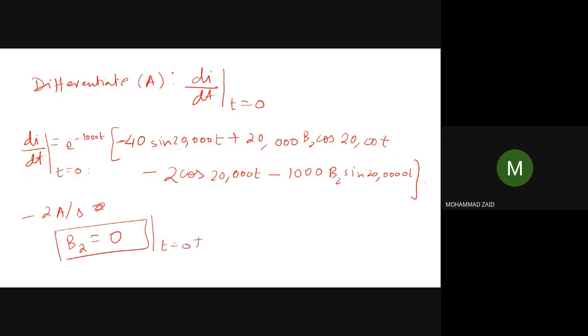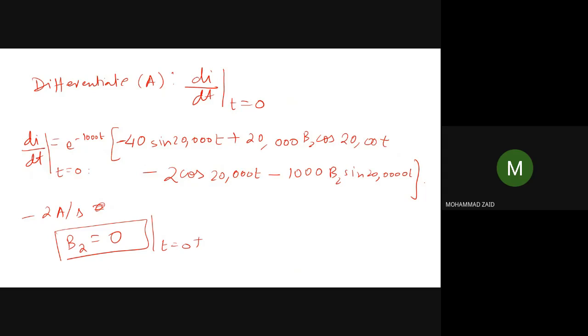Because if you put t is equal to 0, one term will become 1, another will become 0, and the term 20,000 times B2 will also be handled, with the cosine becoming 1. If you solve it completely, only two terms will be left finally. Putting t is equal to 0 everywhere, you will get the value of B2 as 0.